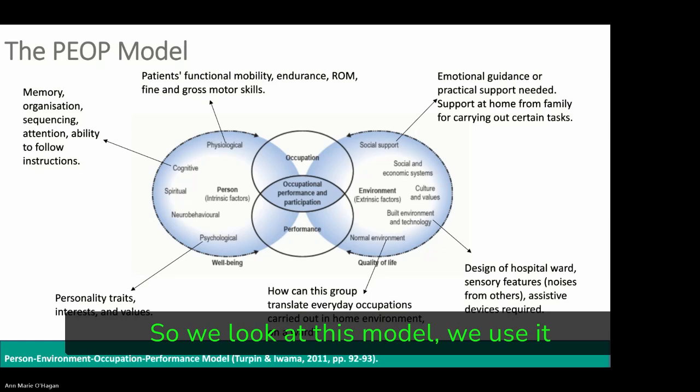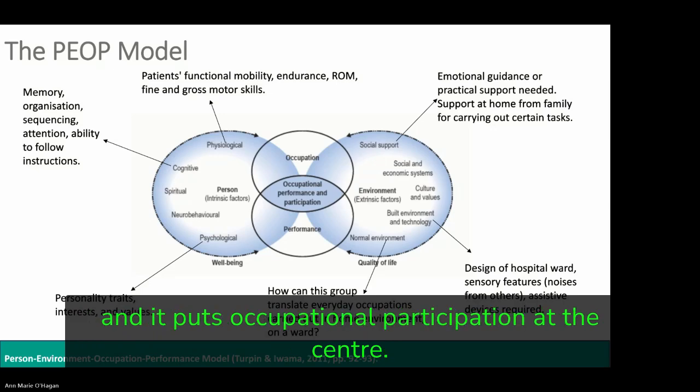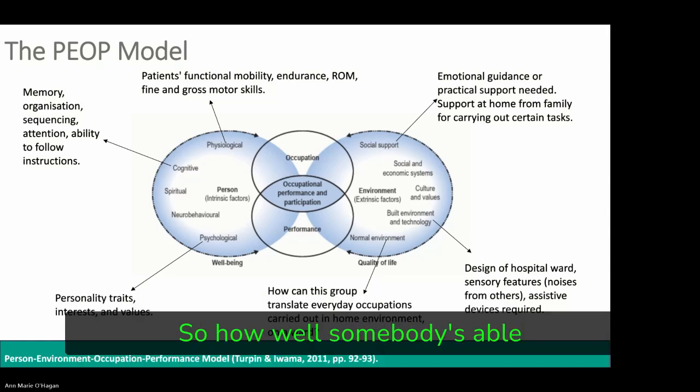So we look at this model and we use it on the whole group. We may even use it individually, but we chose this because it's client-centered and it puts occupational participation at the center, so how well somebody's able to participate in our group.